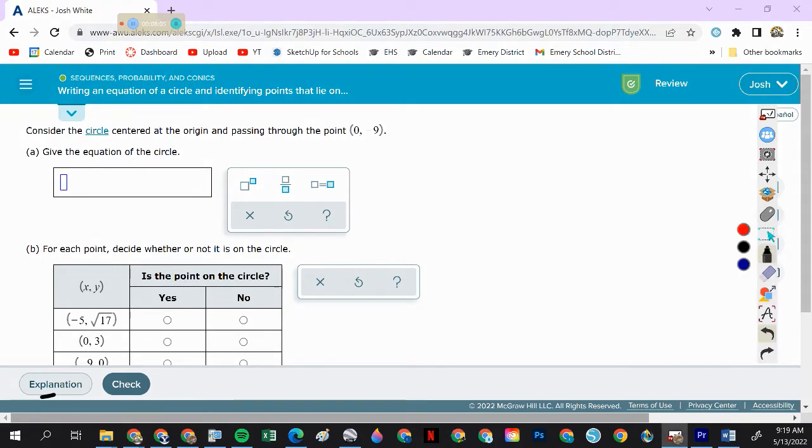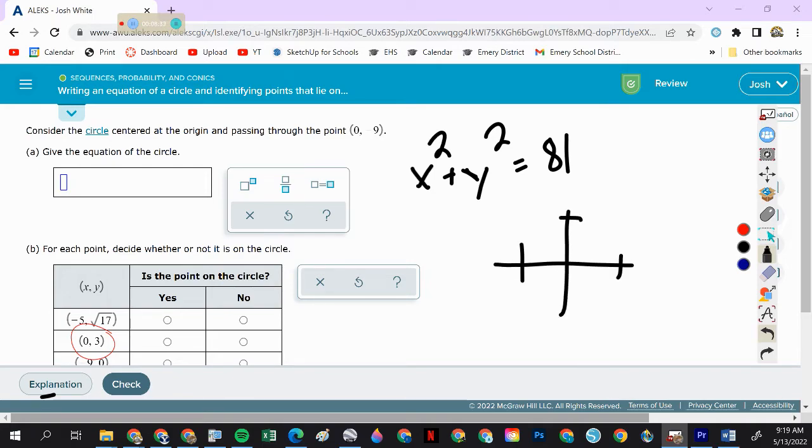So I have x squared plus y squared equals 81. Okay? And then down here it asks, is that point on the circle? Is 0, 3 on the circle? No, why not? So the radius of this circle is 9, right?